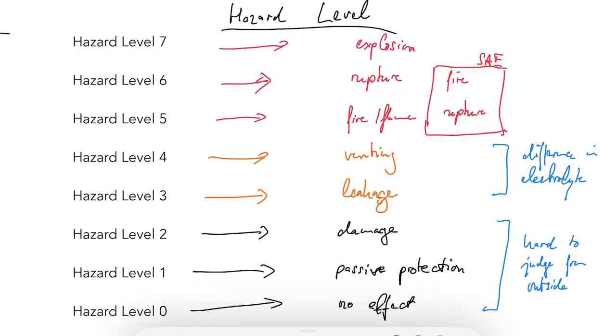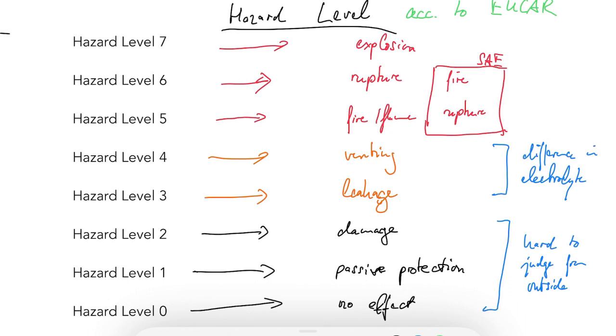This hazard level 7 is also the highest of these hazard levels. So you have hazard level 0, nothing; hazard level 1, passive propagation activated; hazard level 2, defect, damage; hazard level 3, leakage; hazard level 4, venting; hazard level 5, fire, flame; hazard level 6, the rupture; and hazard level 7 would be the explosion.